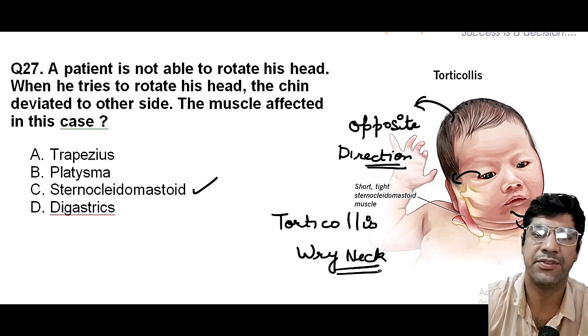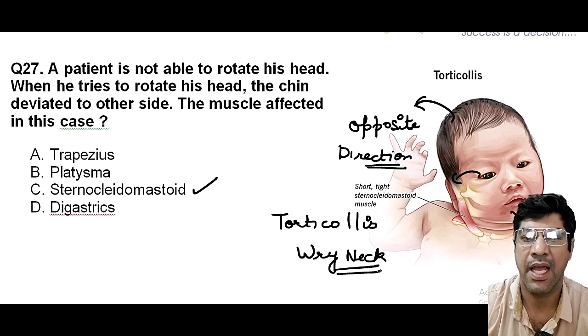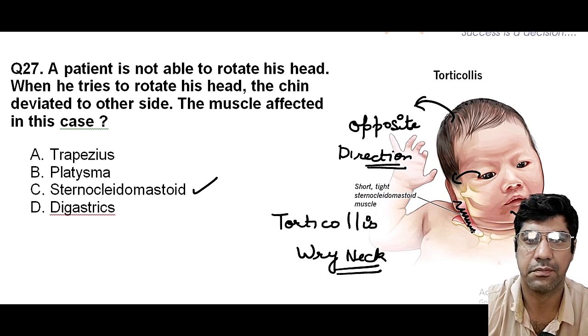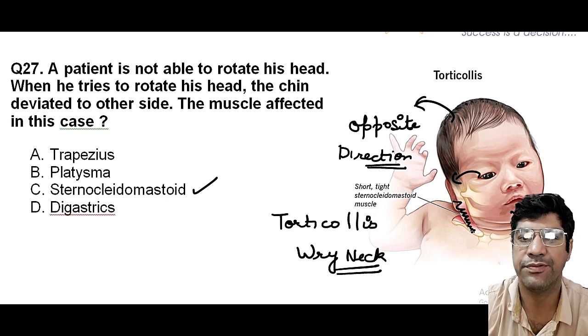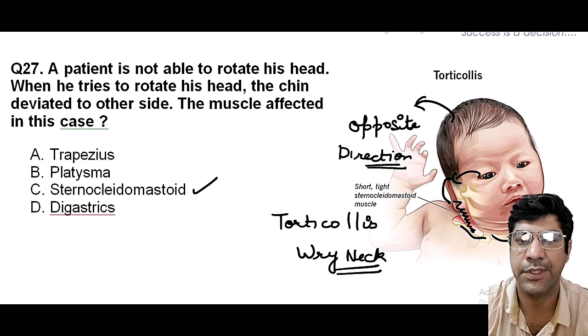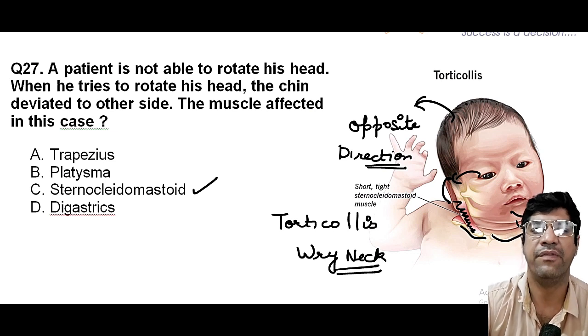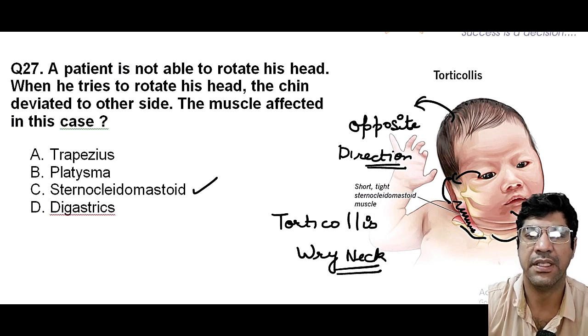So imagine your sternocleidomastoid muscle as a rope that goes from your ear to your collarbone. When this rope is working properly, it helps you to turn your head easily, like looking both ways before crossing the street.